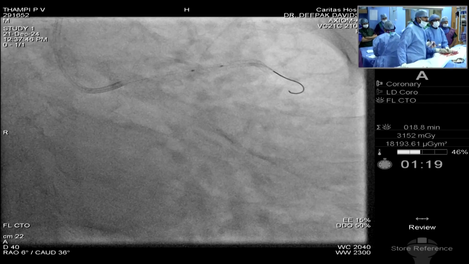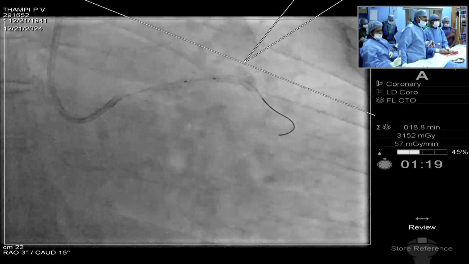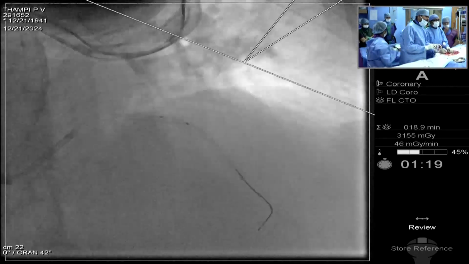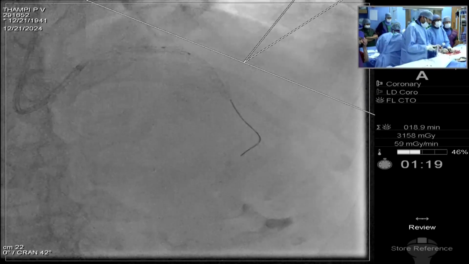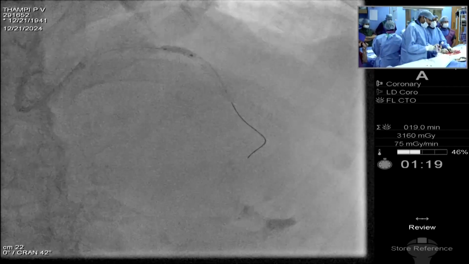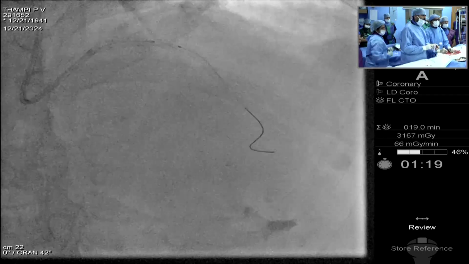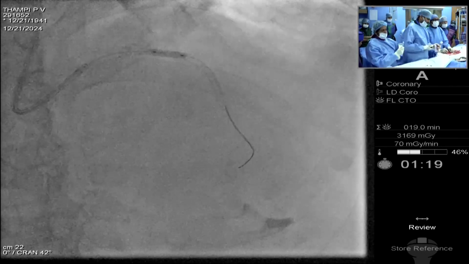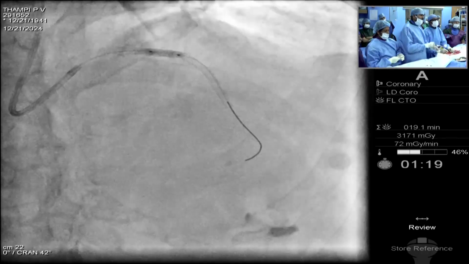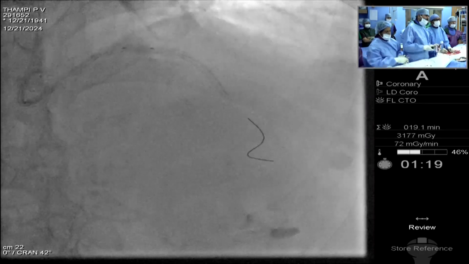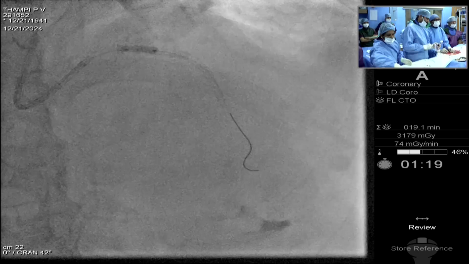Cranial, come cranial. Okay, 14. This 3 balloon. 14, sir. Negative. 16, 18. Negative. 18. Negative.